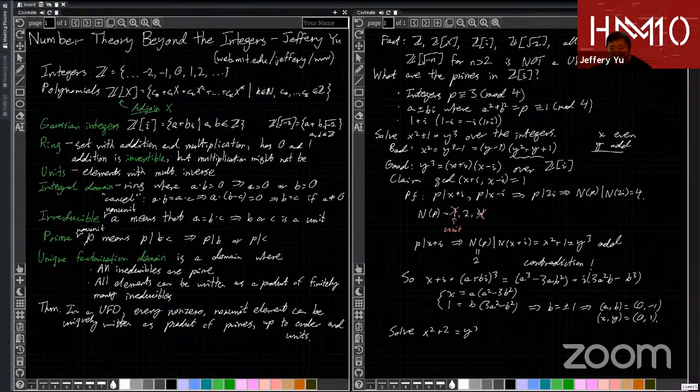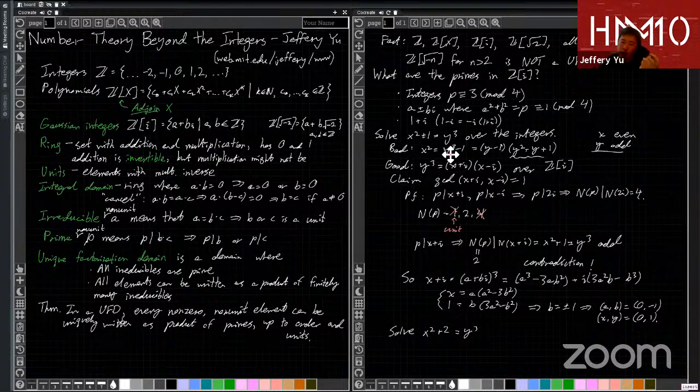How did you determine that x is even and y is odd? Okay, so this is an important step. The reason is because suppose the opposite were true. If x were odd, then x squared would be 1 mod 4, because an odd number squared is always 1 mod 4. You can't get 3 mod 4. So 1 plus 1 gives you 2 mod 4.